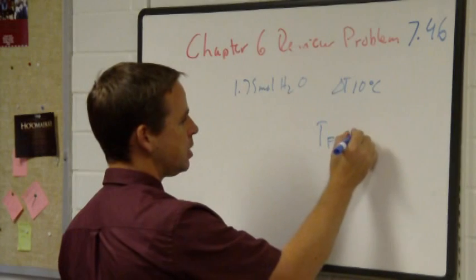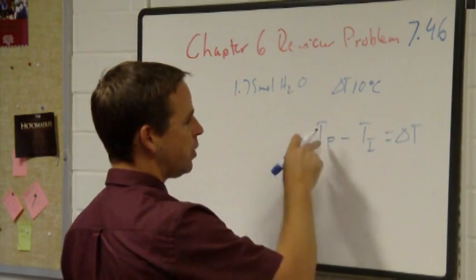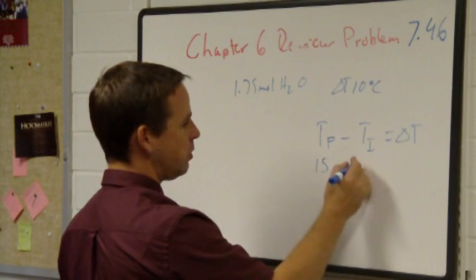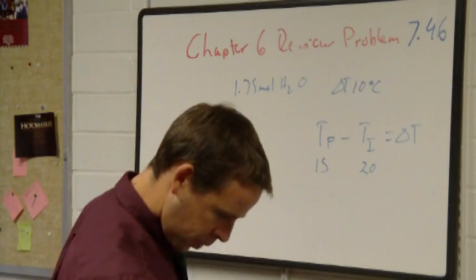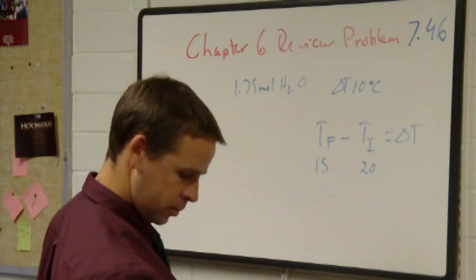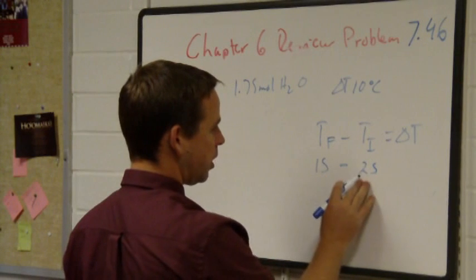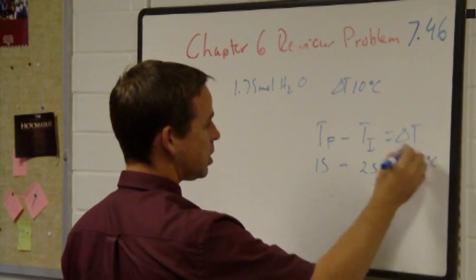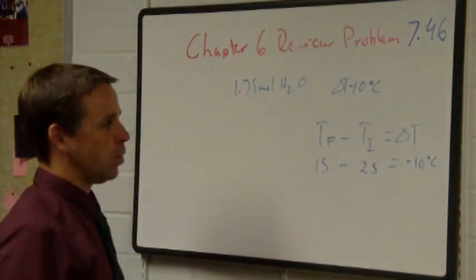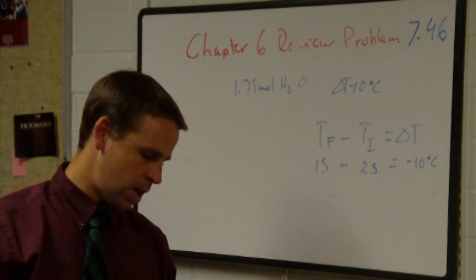Temperature final minus temperature initial equals change in temperature. Final is 15, initial is 25, so 15 minus 25 is negative 10 degrees Celsius. The change is 10 degrees and we want it to go down 10 degrees.